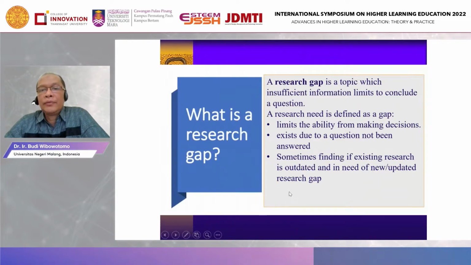We have a lot of questions about COVID-19: how to solve the problem, what the causality is, what is causing it, how it spreads and so on. So it is an easy way to lift the research gap in our proposal.